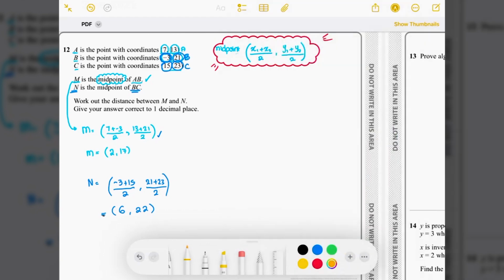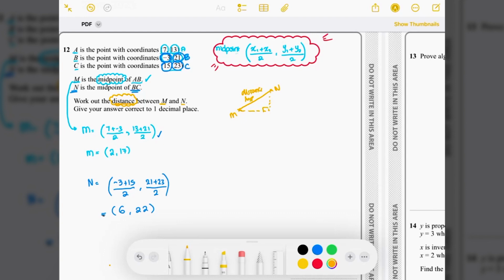So the next part of the question says: work out the distance between M and N. If you had M here and N there, and you want to know this distance, you can make it into a triangle like this, and this is your hypotenuse, which is your distance.